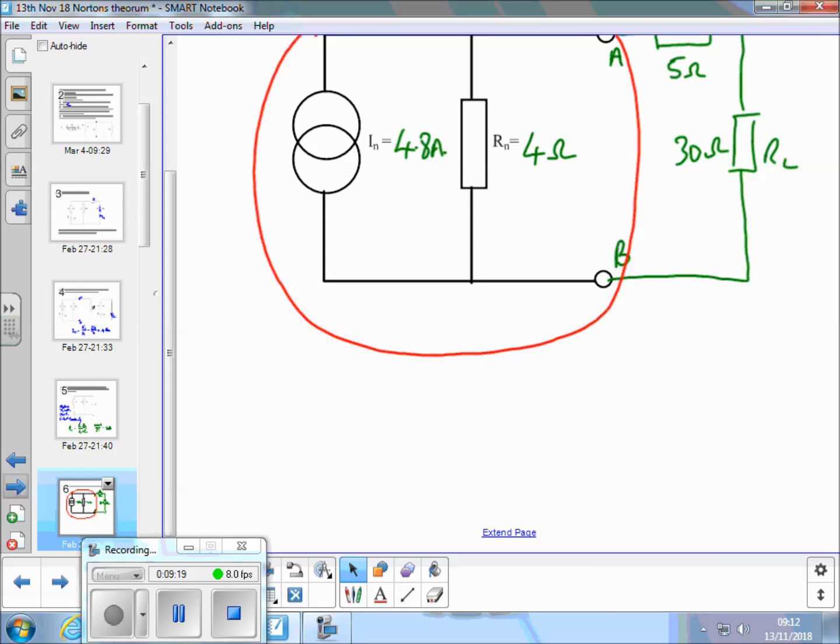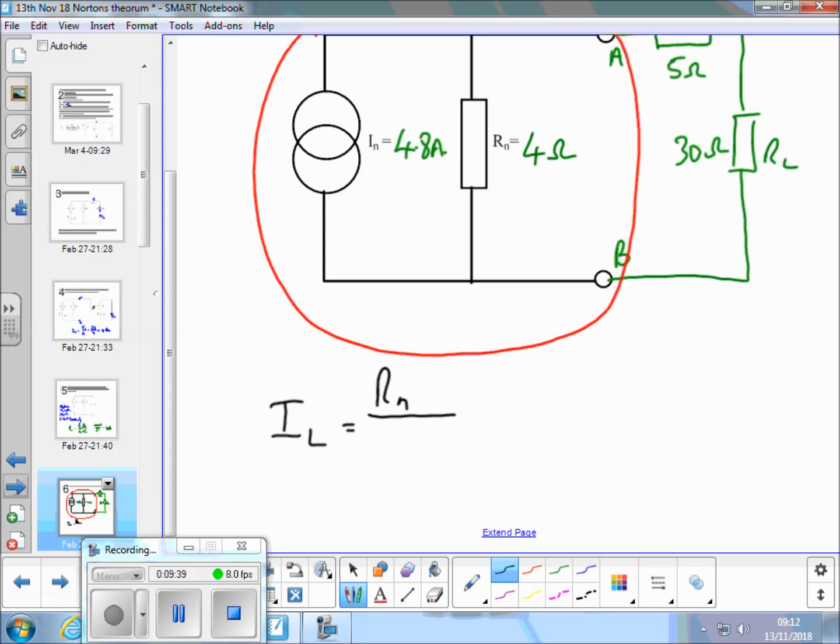So if we use the current divider rule mentioned earlier, IL is Rn over Rn plus RL. We also need to include the 5 ohm resistor in there, because it's in that same branch as the load resistor.